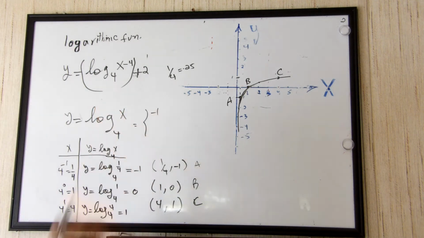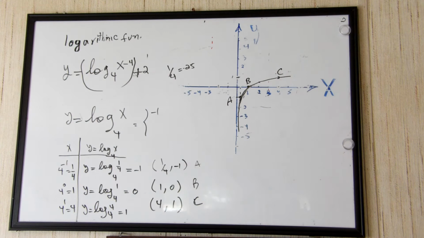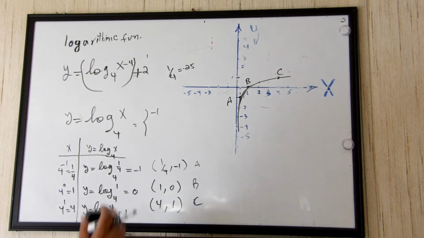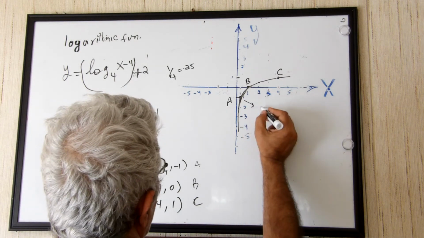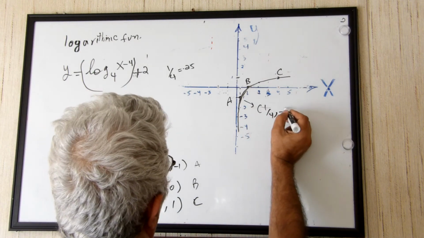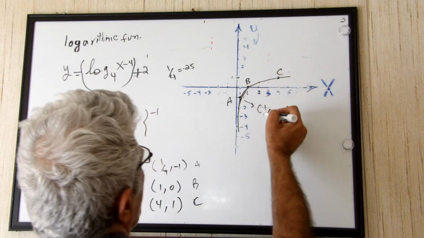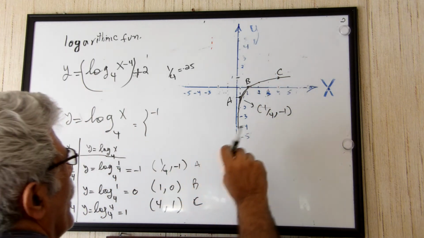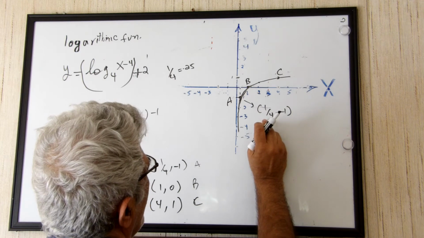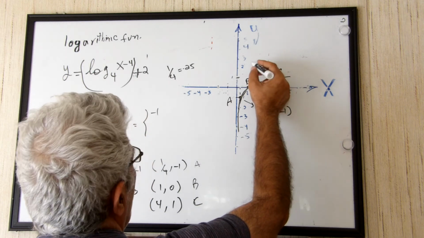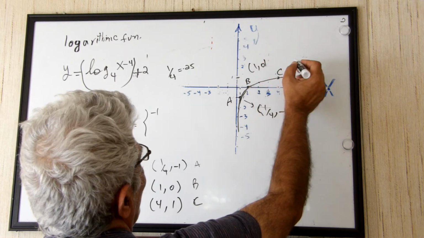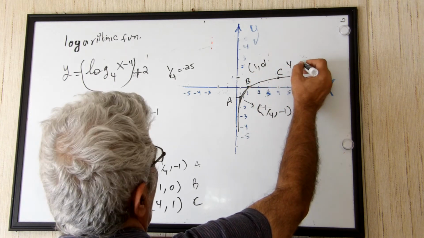Now, let's write the coordinates. The point has an x coordinate and a y coordinate. We write them for all: 1 and 0, and then 4 and 1.